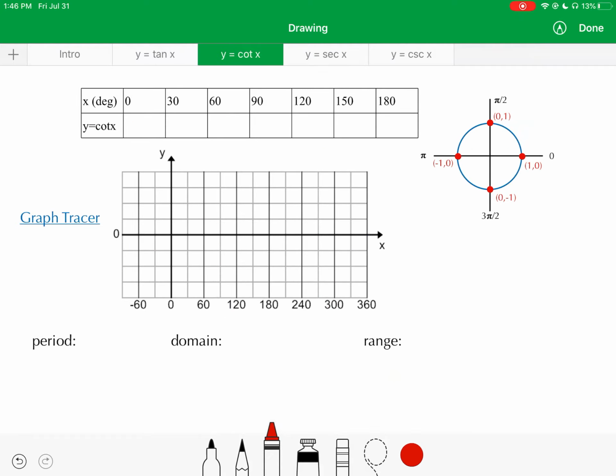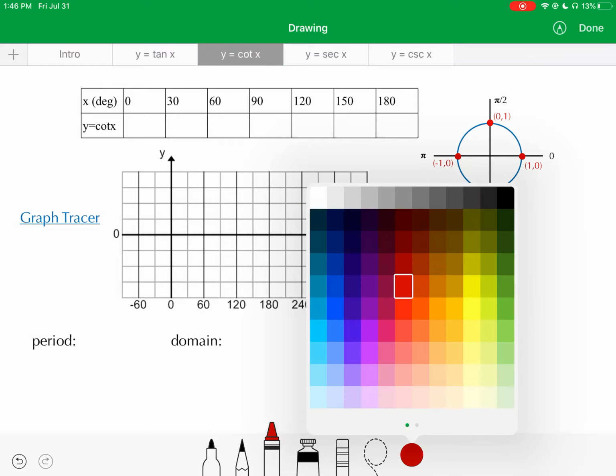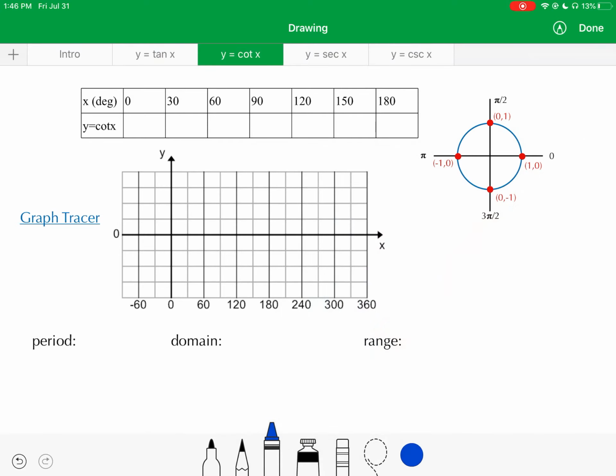Now the cotangent function. The graph is going to take on a similar appearance. Cotangent is undefined at 0 degrees, so we have an asymptote right off the bat. Cotangent of 30 is 1.732. Cotangent of 60 is 0.577.